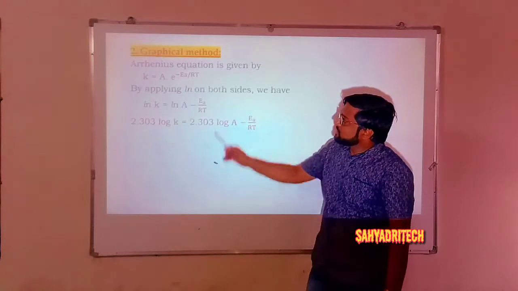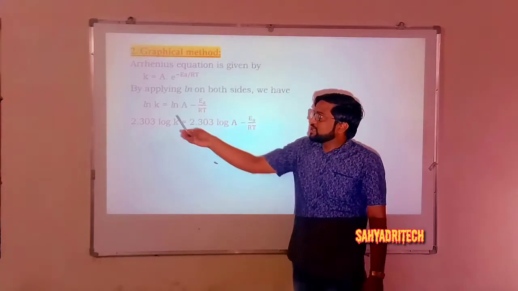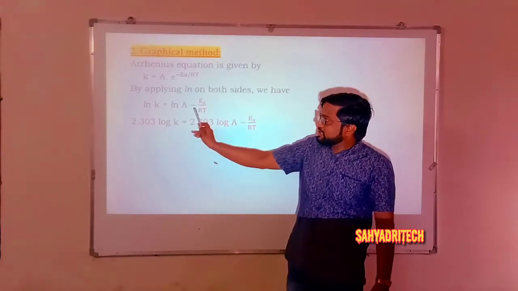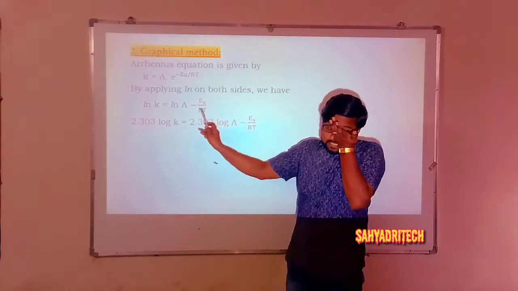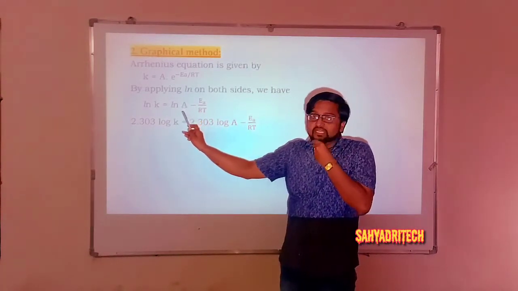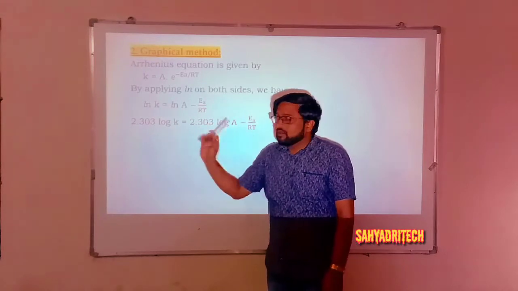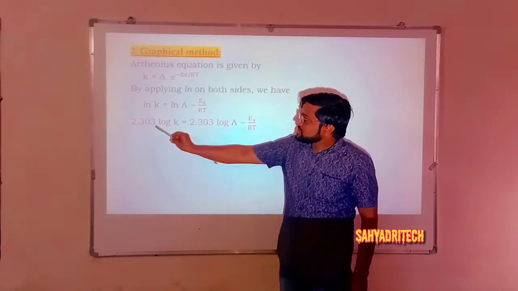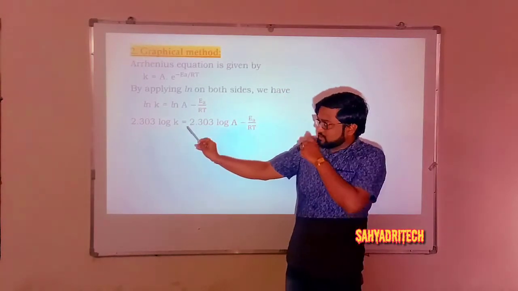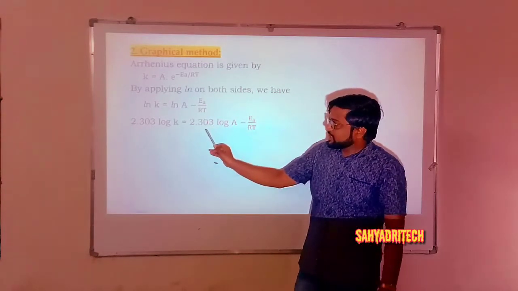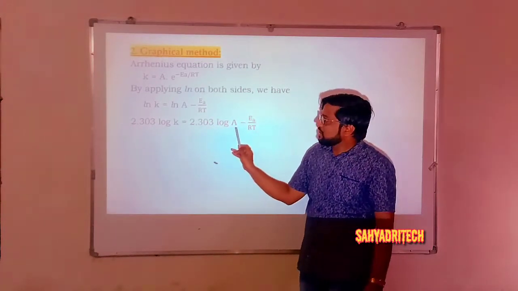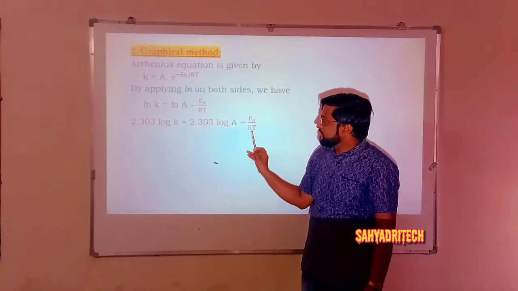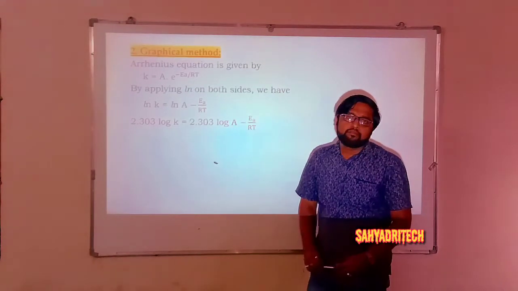Next, we are applying ln on both sides. So ln K is equal to ln A minus Ea by RT. Instead of ln, I can write 2.303 log. So 2.303 log K is equal to 2.303 log A minus Ea by RT.